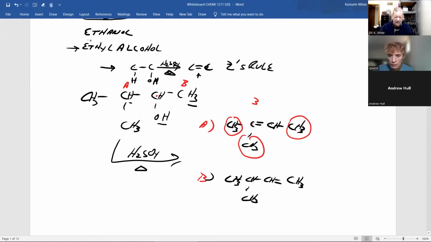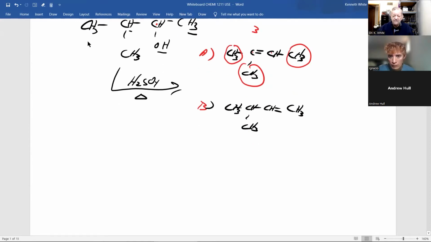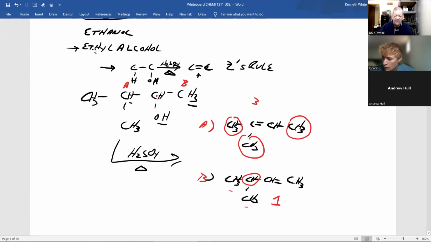If we look at B, there's only 1. You don't count this or this. Just the carbon atoms directly bonded to the carbons of the double bond. So this has 1. And the question is, in Zaitsev's rule, when you have a choice like this, you get the molecule that has the most carbon atoms directly bonded to the carbons of the double bond.